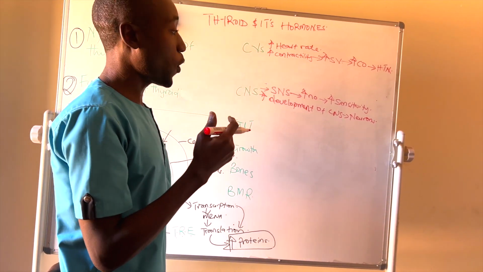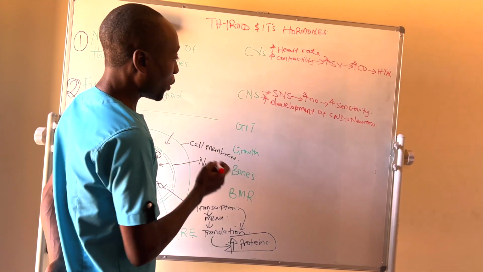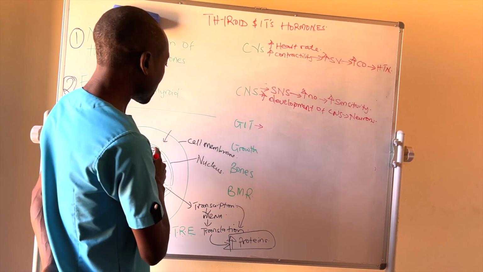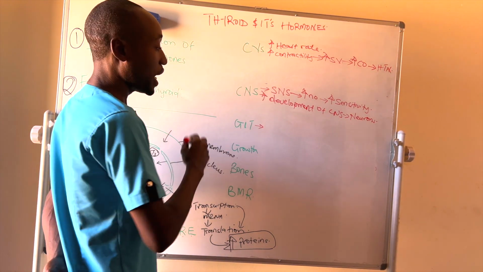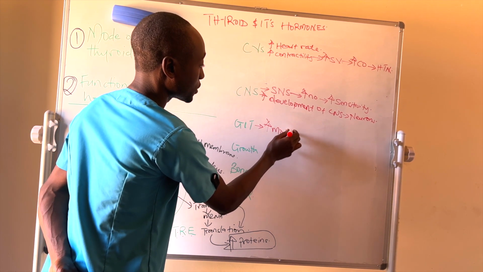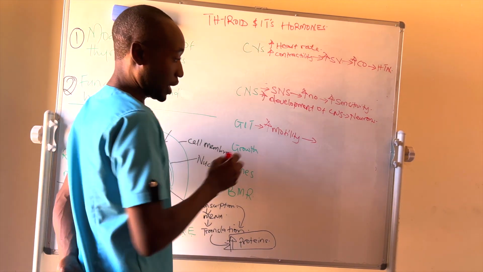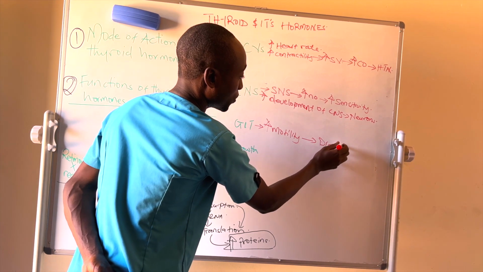Now, in the GIT, because we've said these hormones increase basal metabolic rate, they increase the rate at which the body functions, they are going to increase motility, the movement. And if they are high, they can lead to diarrhea.